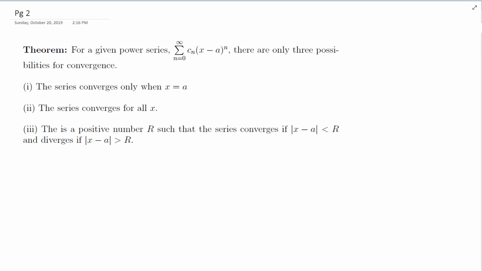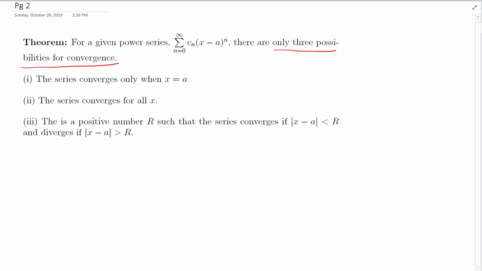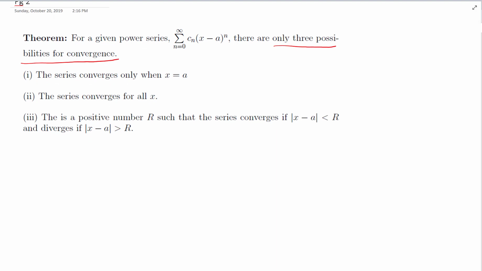Now, for every power series out there, we only have 3 possibilities for convergence. The first condition is the series will only converge where it's centered. Now, every power series will always converge where they're centered. If x is equal to a, you plug that in, then you're going to get 0 for all the terms of (x minus a) to the n.